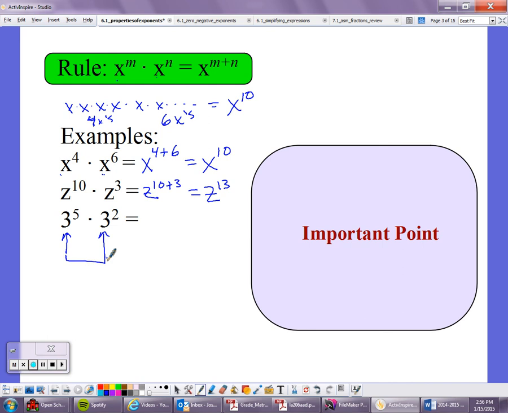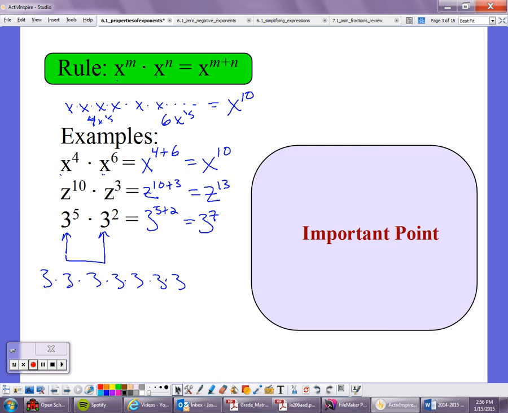So we've got 3 to the 5th, 3 squared. We can imagine a bunch of 5 threes, and then 2 more, 3 to the 5 plus 2. So that's going to be 3 to the 7th. That's how the rule works.